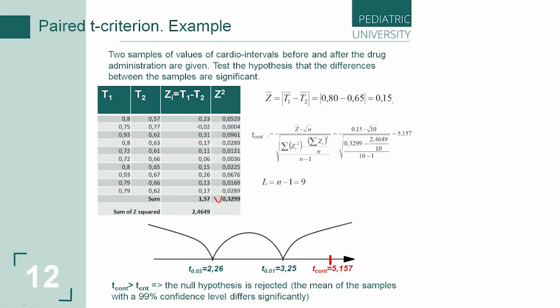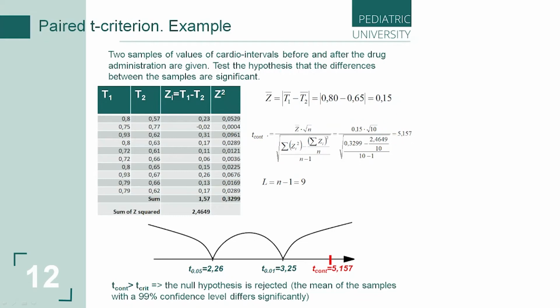Substituting all of our data into the formula for calculating the criterion's control value, according to this big formula, we get the answer 5.157.